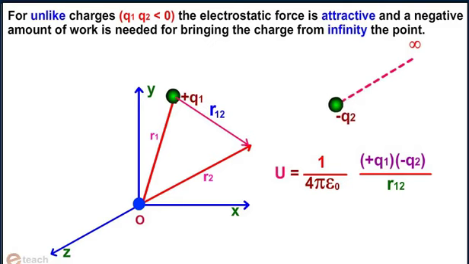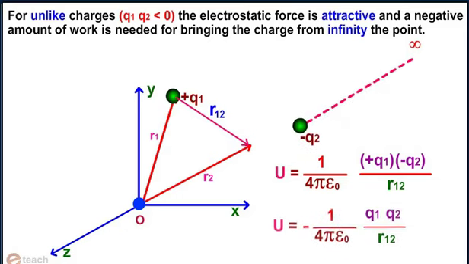Then, in mathematical representation, potential energy can be written as 1 by 4 pi epsilon naught plus q1 into minus q2 divided by r12, which equals minus of 1 by 4 pi epsilon naught into q1 q2 by r12. Hence, in this case, potential energy is negative.